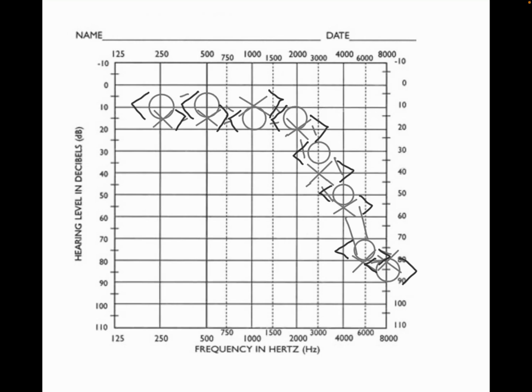And we know that you have severe hearing loss because at the highest frequency we have plotted, which is 8,000 hertz, it took an almost 90 decibel sound for you to detect. So that is considered severe hearing loss towards the end. So we start normal, and then towards those higher frequencies, it is harder for you to hear those.